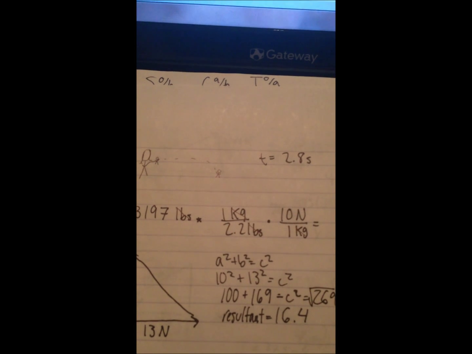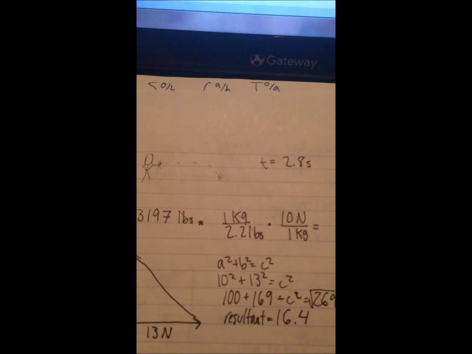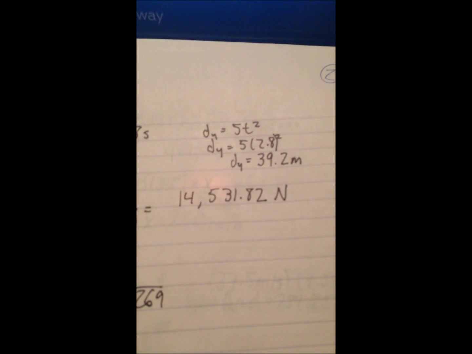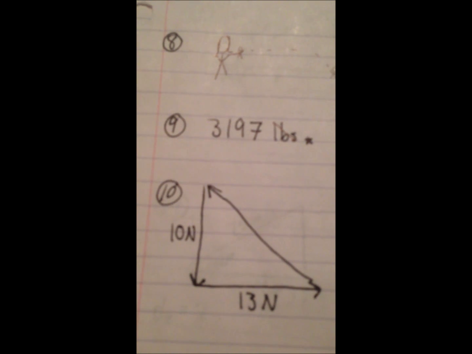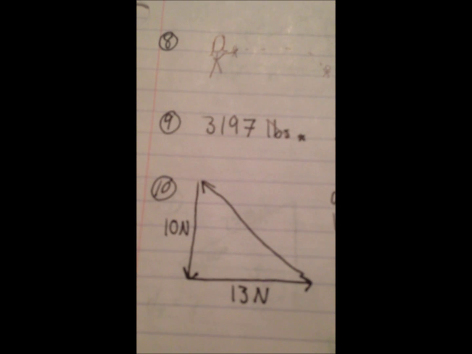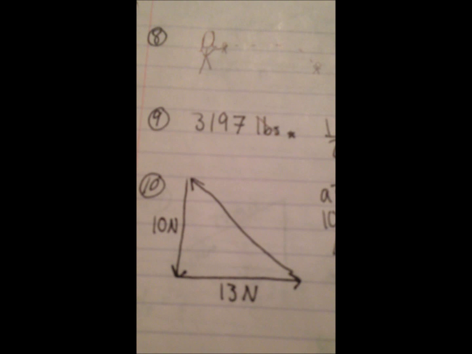We then cancel out the 2.2 pounds and we times that by 10 newtons over 1 kilogram. Then we cancel out the units. When we put that into our calculator, we get 14,531.82 newtons.